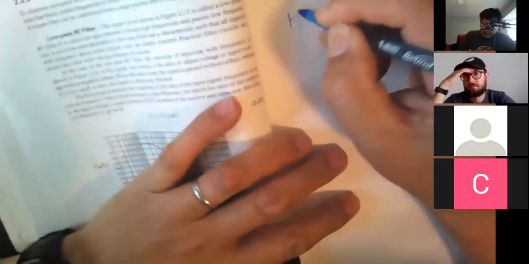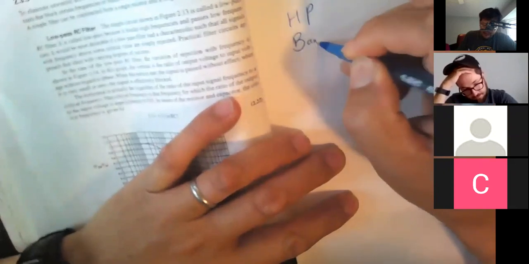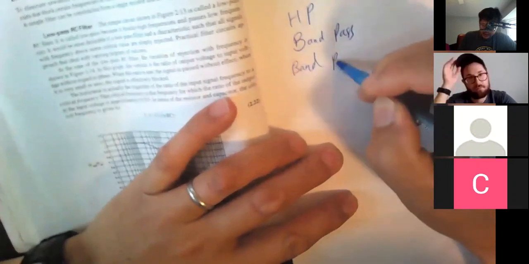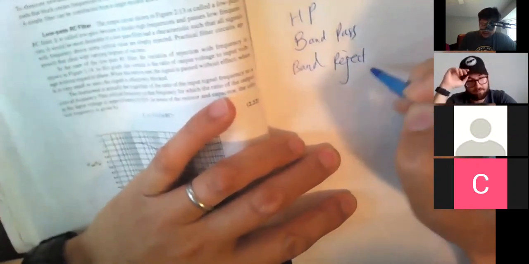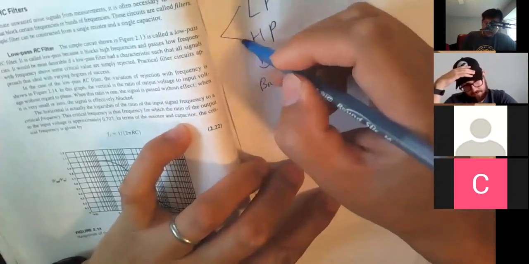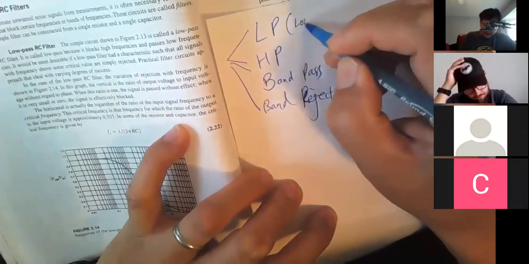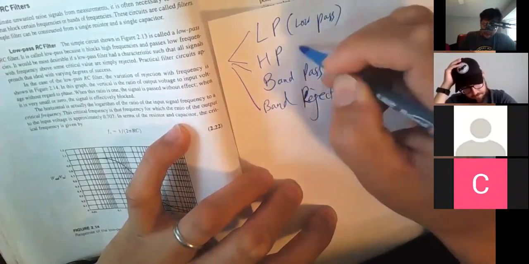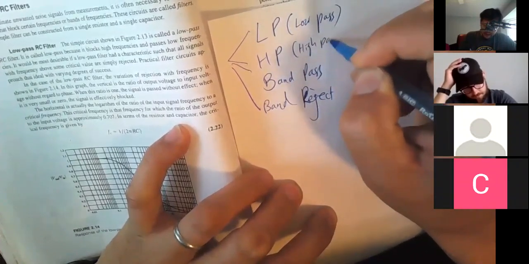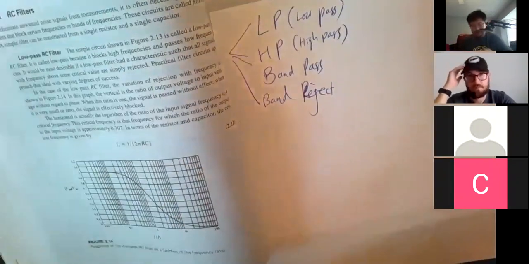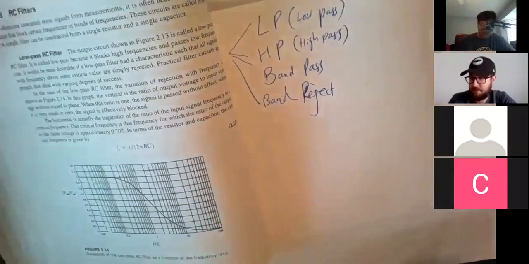Low pass, high pass, band pass, and band reject. So those are the 4 types of filters. This is low pass and high pass, and band pass, and band reject.